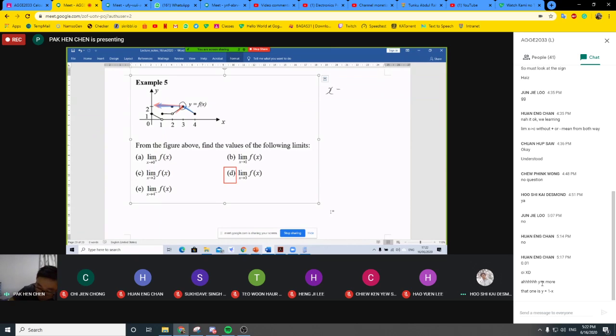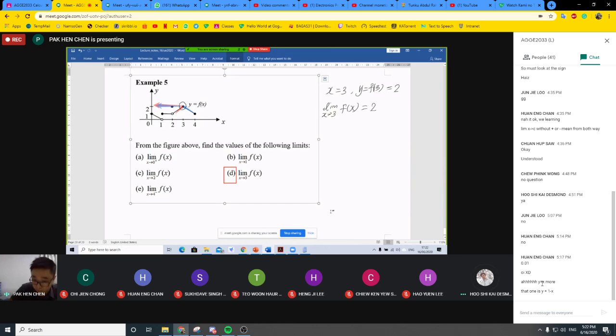When x equals to 3, your y equals to f(3), isn't it? Equals to 2, isn't it? Yes or no? Yes, okay. And the limit as x approaches 3 of f(x) also equals to 2.